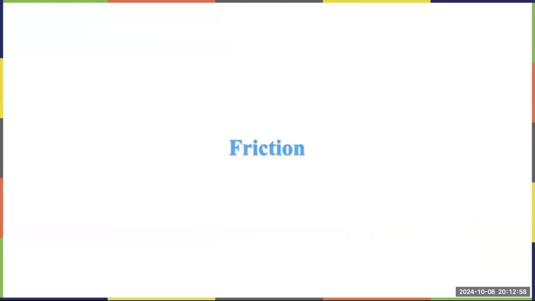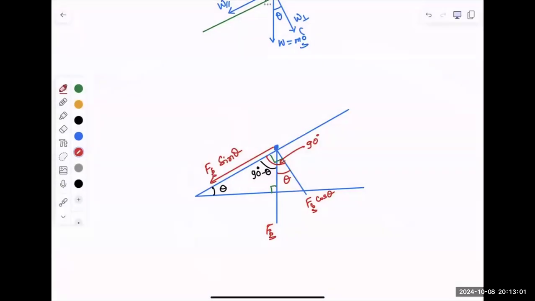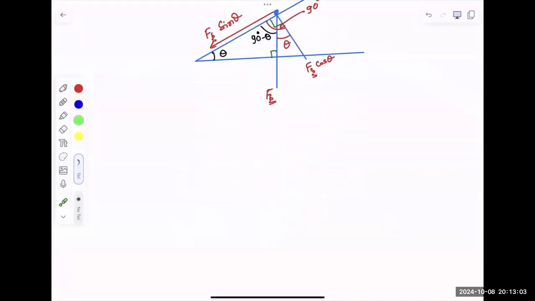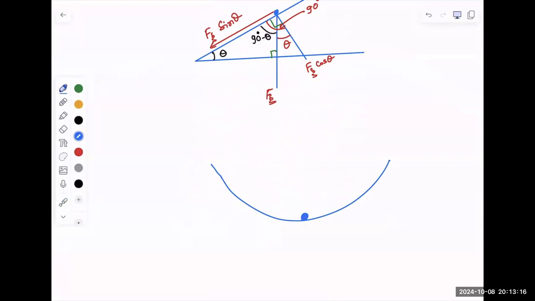So if I have a ball, a marble, and I swing this marble from left to right, what happens? This marble will immediately try to fall down and come back to these conditions, right? So this is the condition of stable equilibrium.